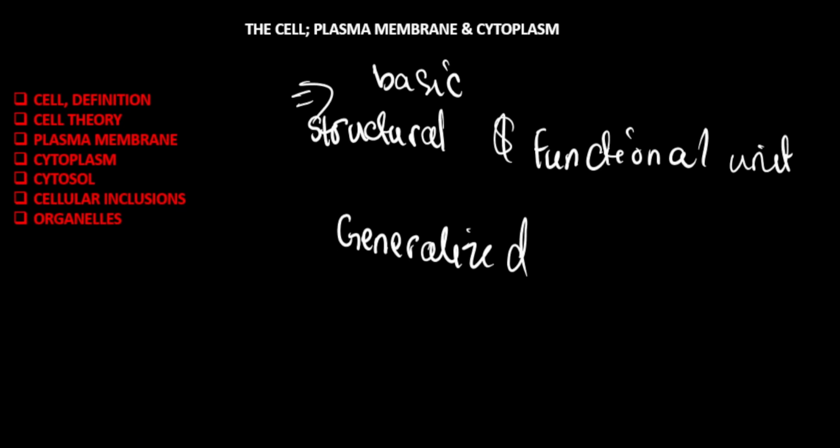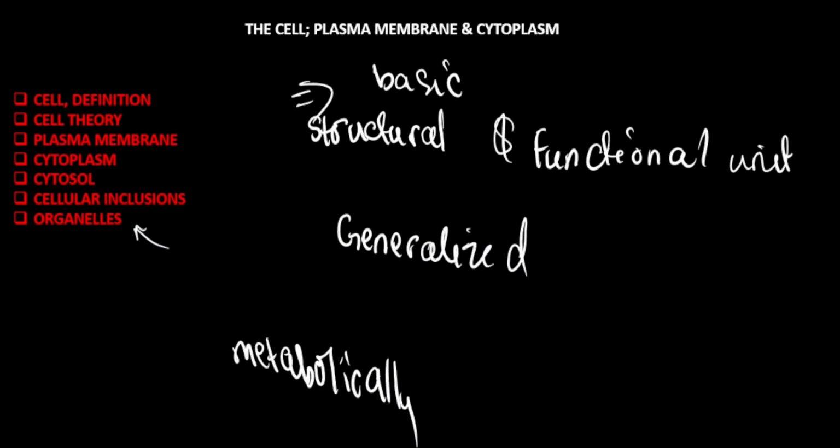However, as we would go on to see, not all cells have all of these organelles. Some cells have more of a particular organelle than another. Say for instance, some cells are very metabolically active, and this would mean that they would have more mitochondria. Because as we would go on to see, the function of the mitochondria has to do with energy, the release of energy and so on.